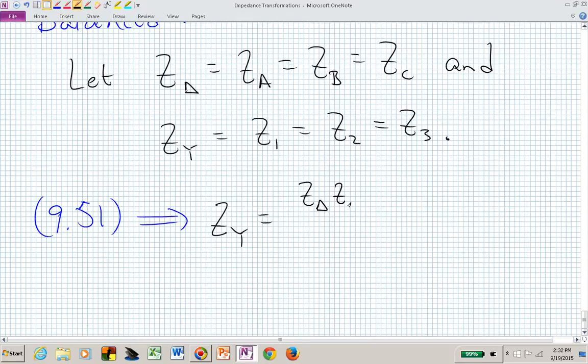So now we have Z sub delta over this sum of 3 Z sub deltas.